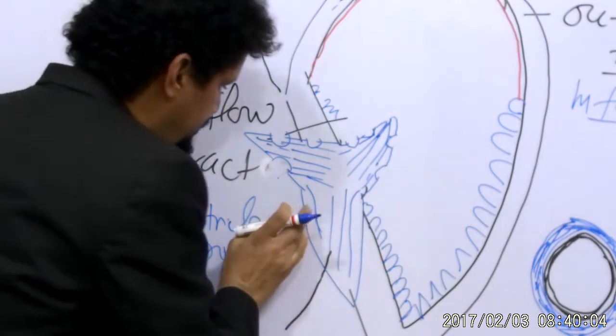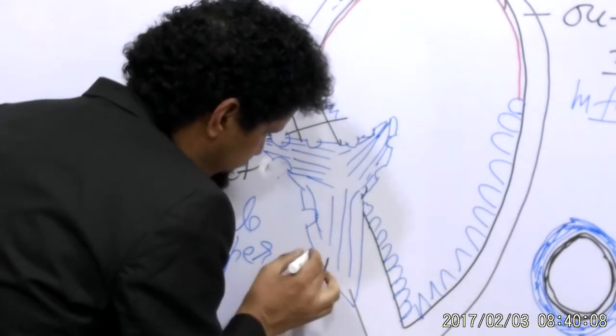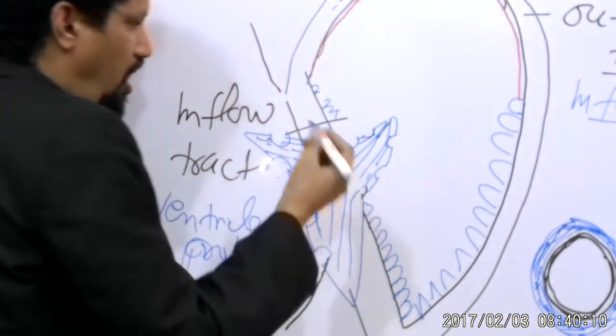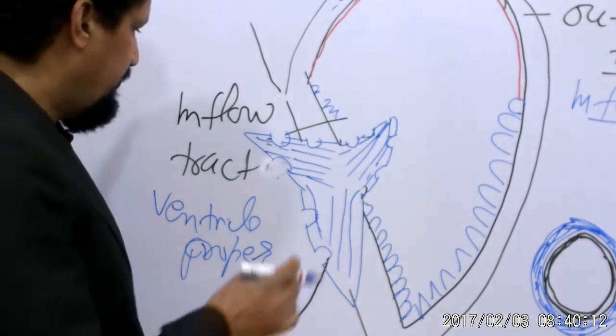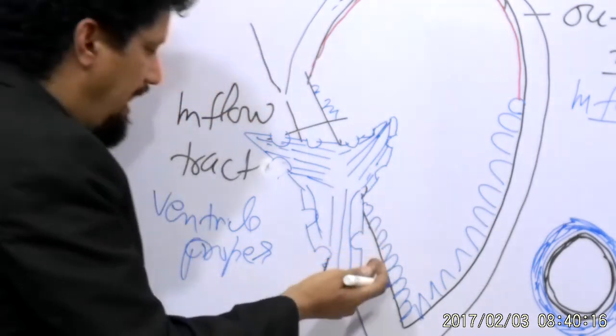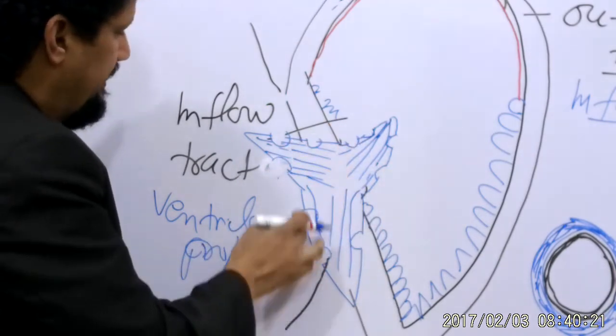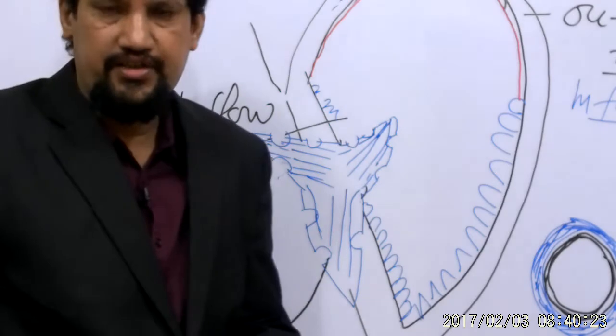These indentations approximate the free border of the cusp with the other one and forming the anteroseptal, the posteroseptal and the anteroposterior commissure.